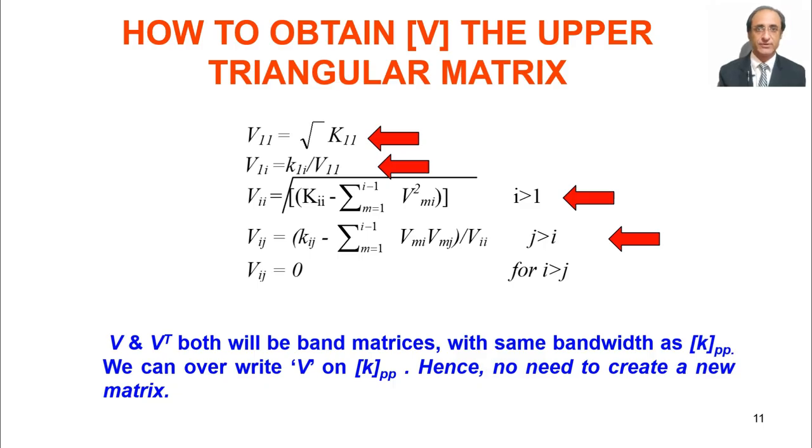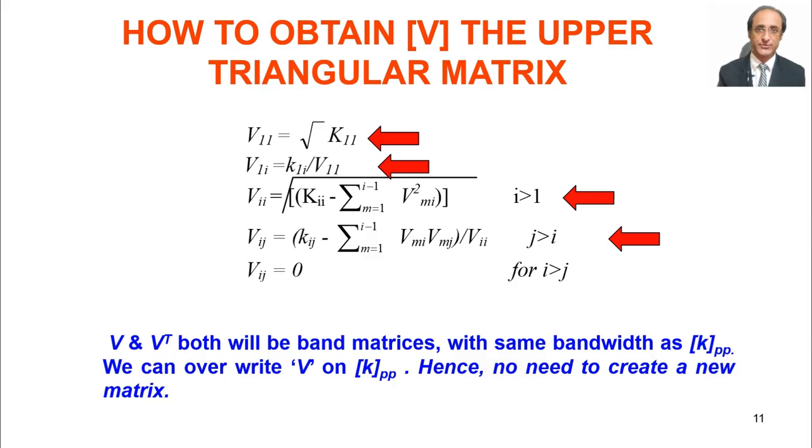In fact we can take further advantage: both V and V transpose, we need not create. See, when we write a program, we invoke temporary variables in the volatile memory. So here V and V transpose, we need not duplicate our effort. Just one of them is enough.